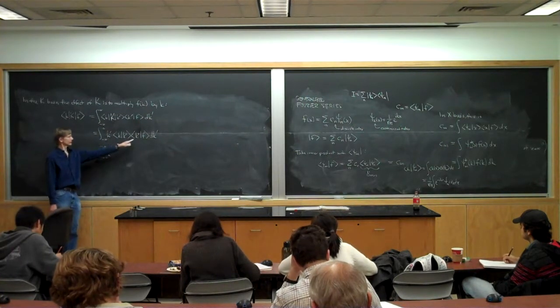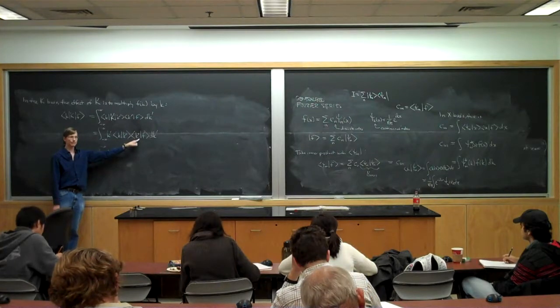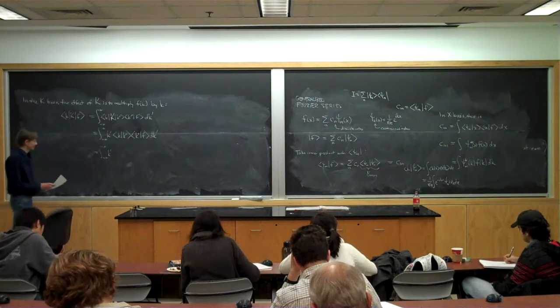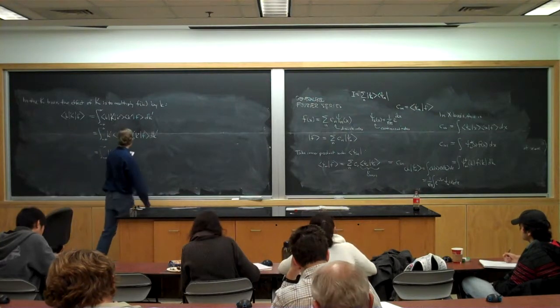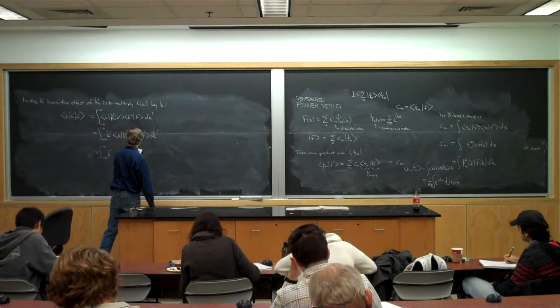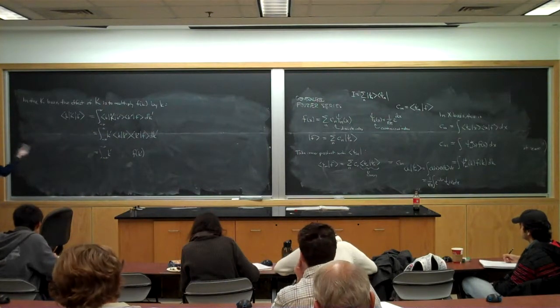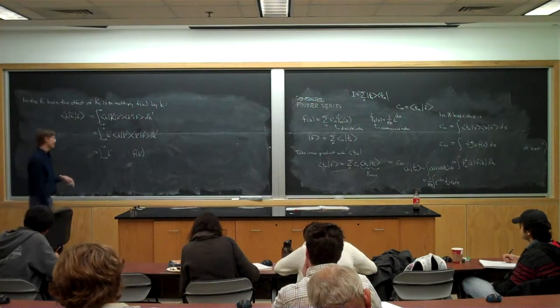What is the inner product of f with k prime? It's what we'll call f of k prime. If we knew f of x, that's its Fourier transform evaluated at k prime.